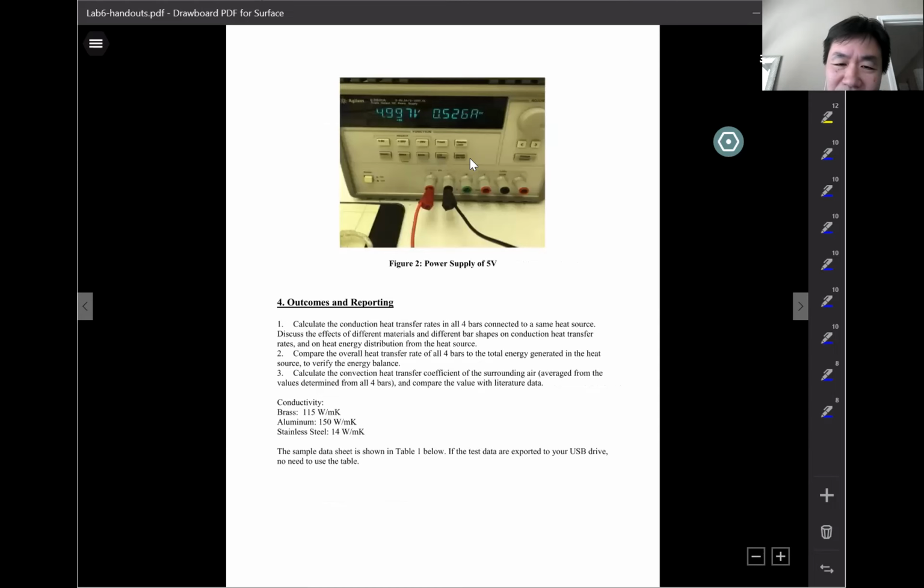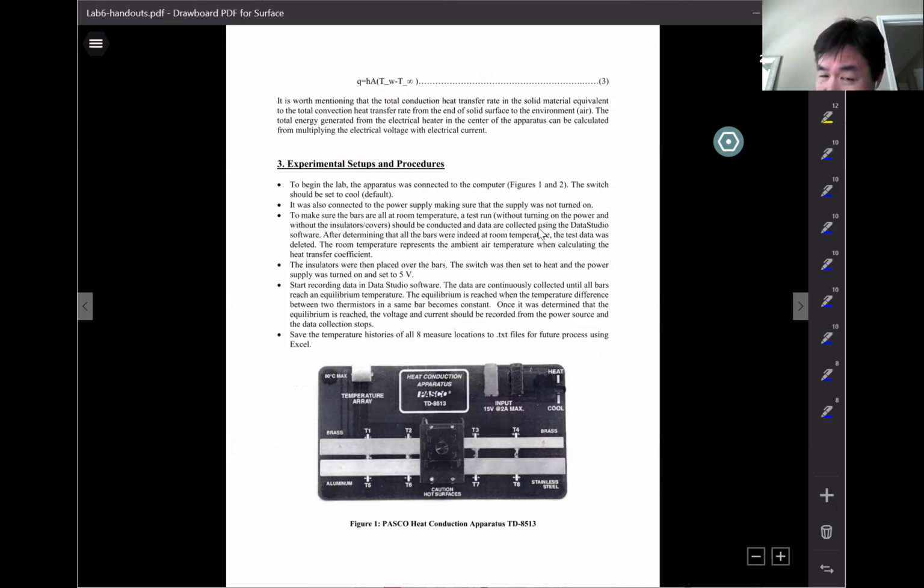You know the voltage and the current, so you can calculate the power. Voltage times current is the power. The power in watts should equal the total heat transfer through the 4 bars: Q1 plus Q2 plus Q3 plus Q4 should equal the total heat generated in the center.